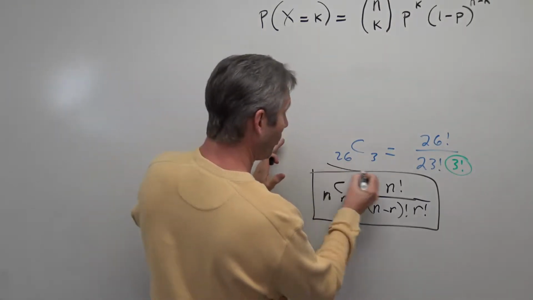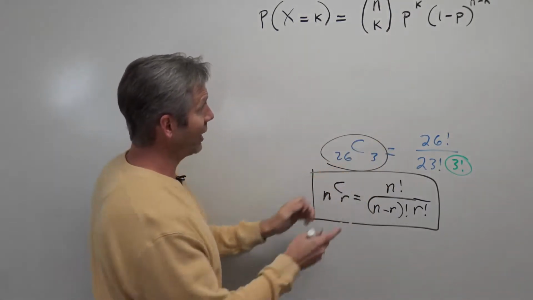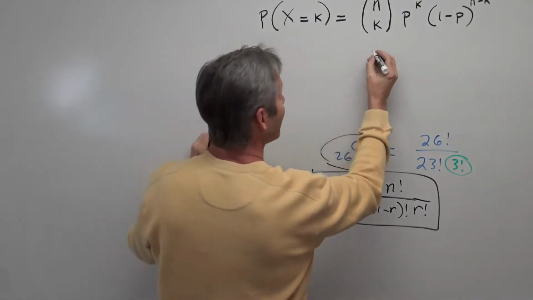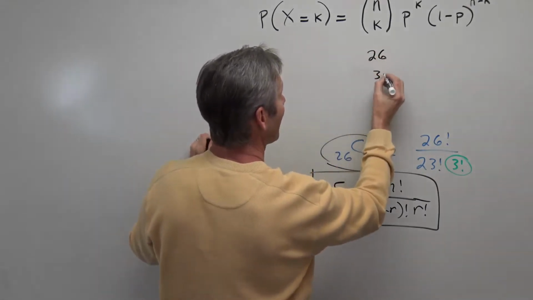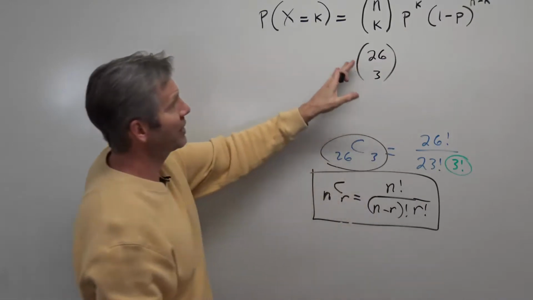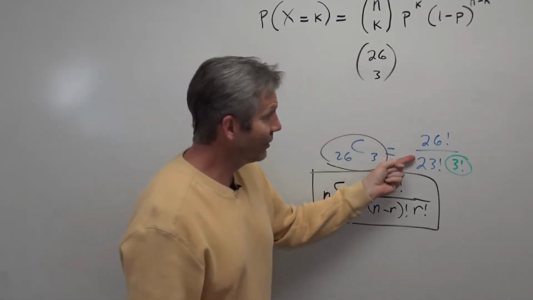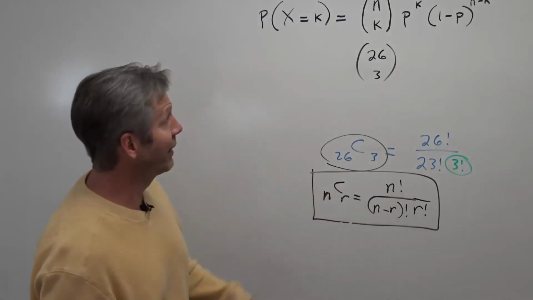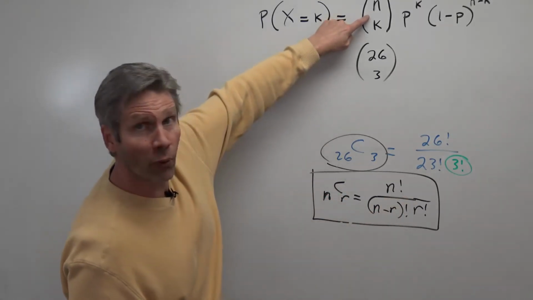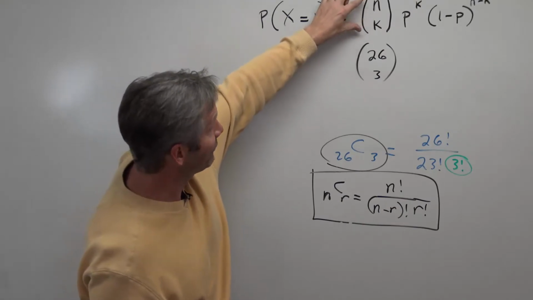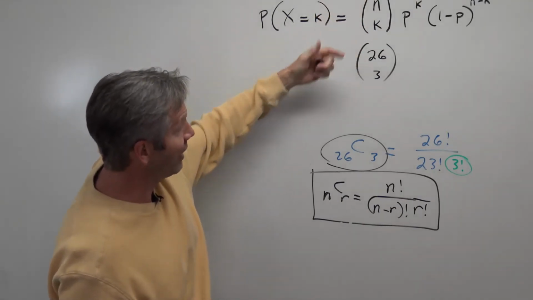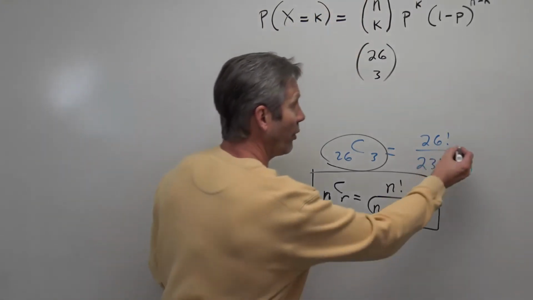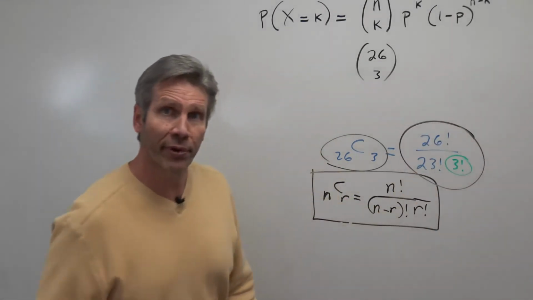Remember how we did a combination of 26 choose 3? If we use that in here, then this is how it would look. That just means a combination of 26 choose 3, and you go to this formula right here, or you bust it out in formula form right there. So we're going to need to show work in the binomial probability formula that when we see that, that's a combination of n choose k things. We'd want to show this work if we were doing a free response problem.